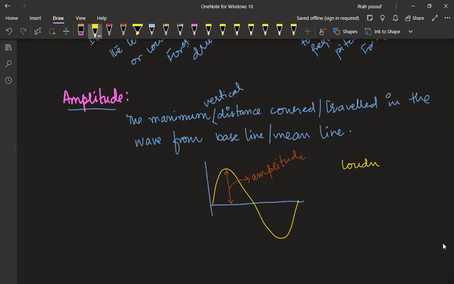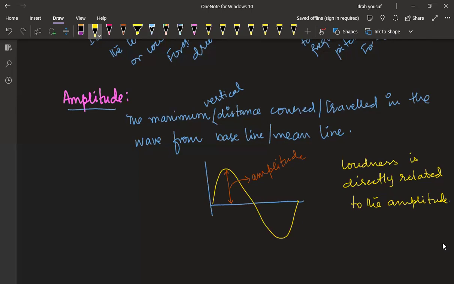Loudness is directly related to the amplitude. So now how can you relate loudness and amplitude?